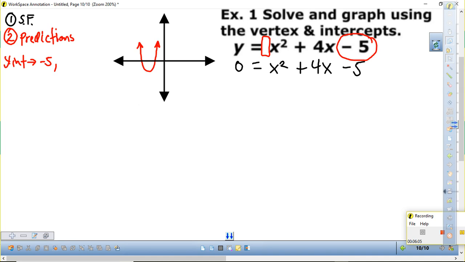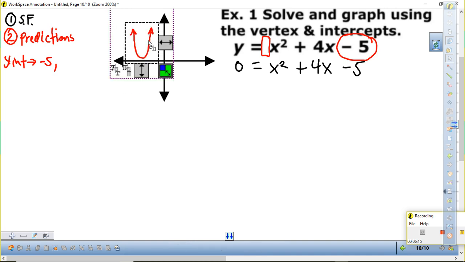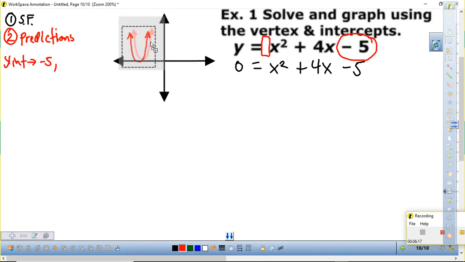Is that correct? All right. How about this one? How many solutions are there? 1, because it's barely touching the x-axis.